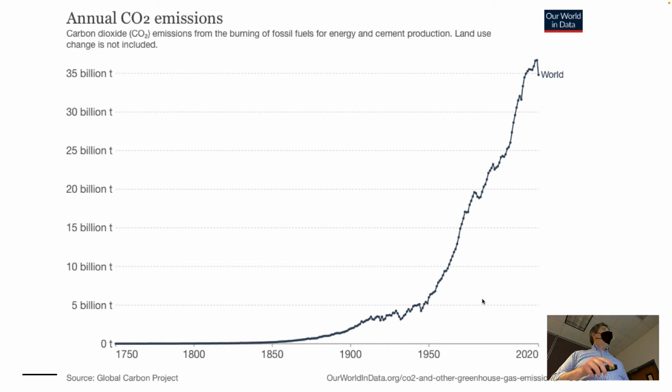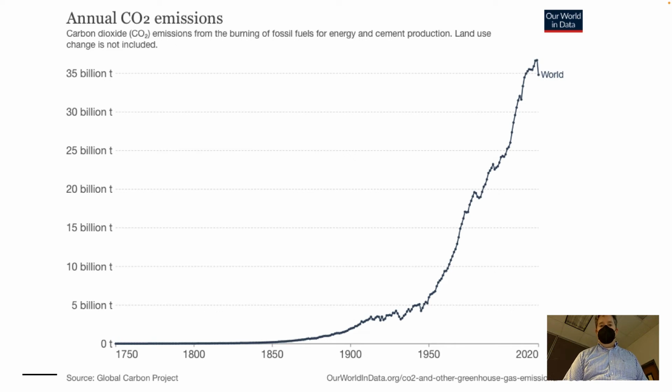And now you can see that that's in the range of 35 billion tons of carbon dioxide each year. That has led to a massive amount of carbon dioxide accumulating in the atmosphere and resulting impacts from climate change.